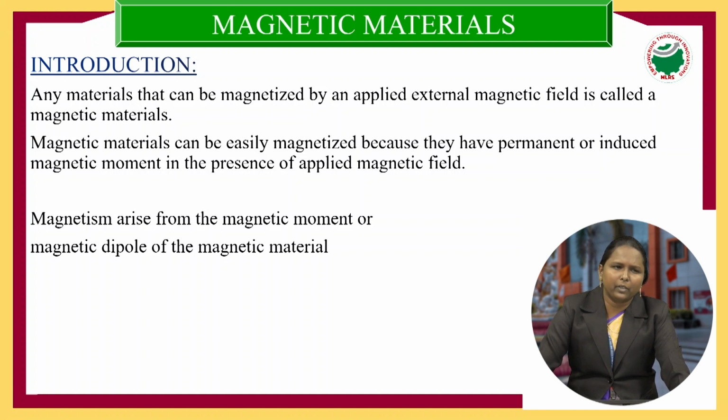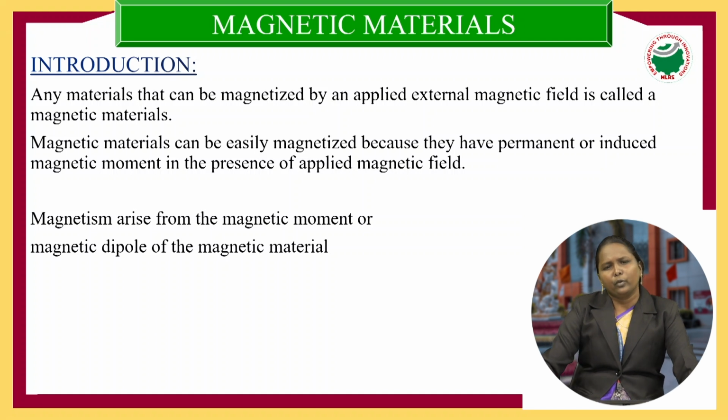How the magnetism of the material arises depends completely upon the spin momentum and angular momentum of the atoms in the material. The spin and angular momentum combination gives us the resultant magnetic moment of the material. If the magnetic moment of the material is not equal to 0, that type of material is called a magnetic material. So here is a few lines of introduction about magnetic materials.